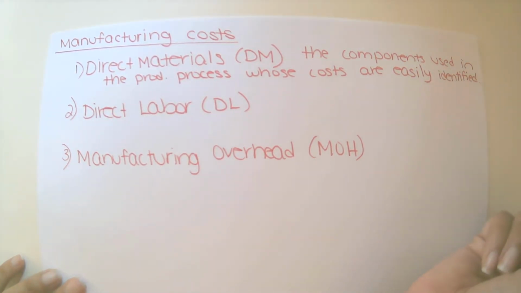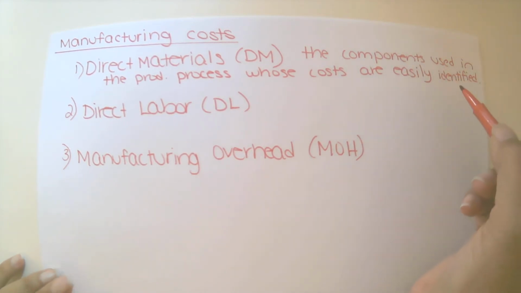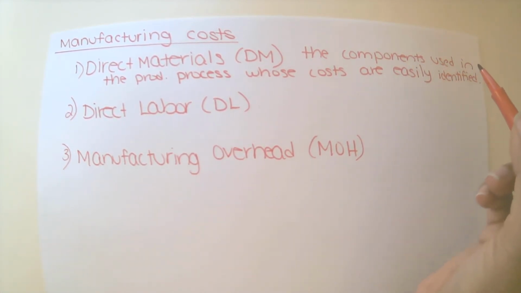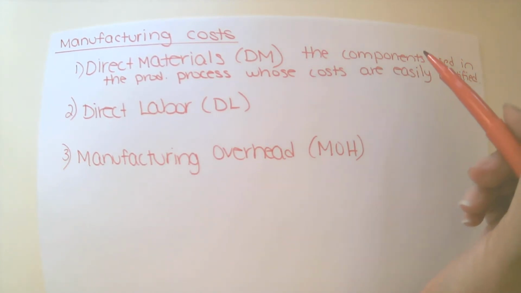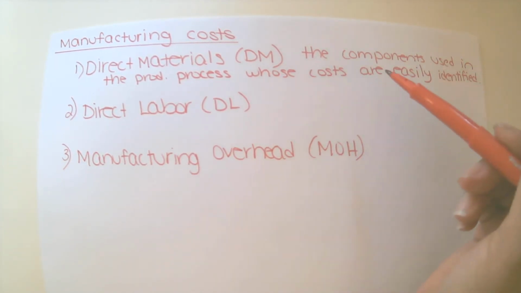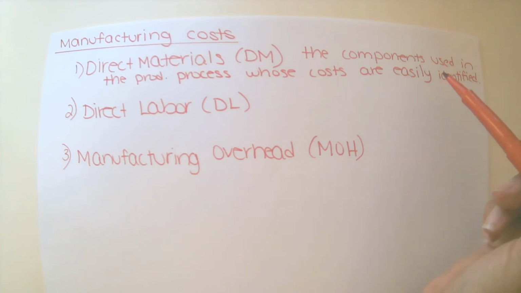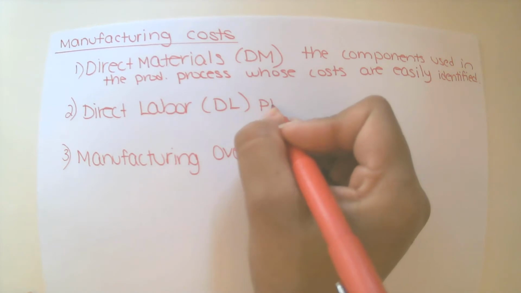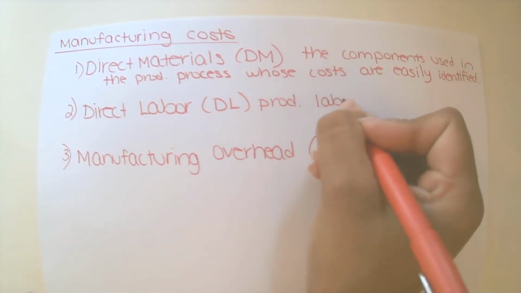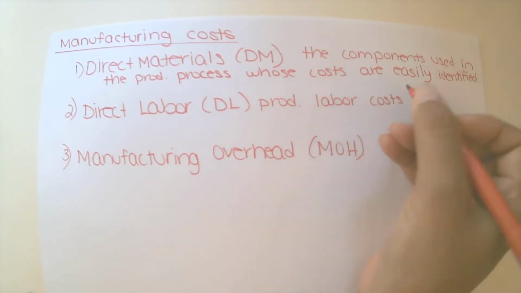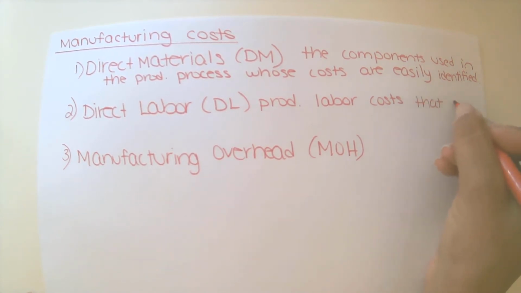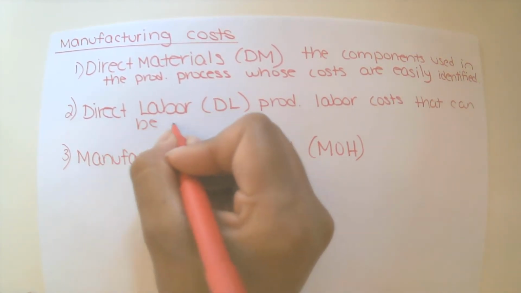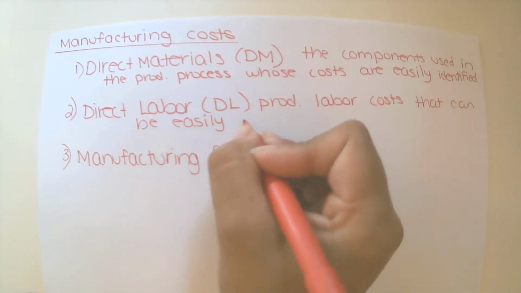Sometimes there are longer definitions for that, depending on the textbook. So direct materials are the raw materials used in the production process whose costs are easily traceable, or easily identified. All right, direct labor. These are your production labor costs that can be easily traceable or identified.